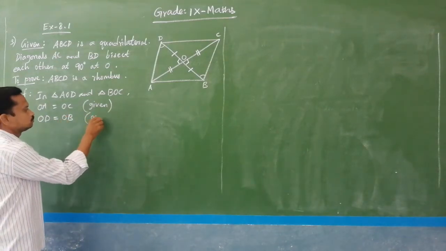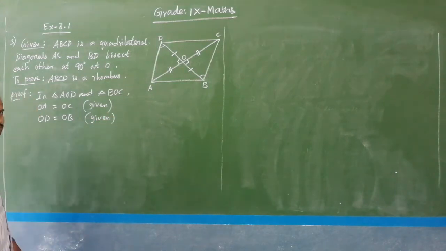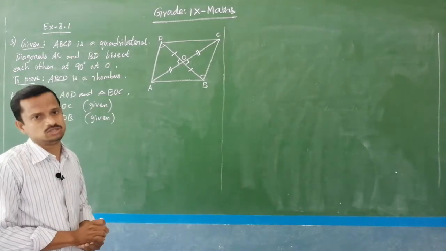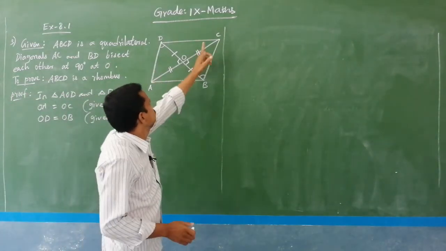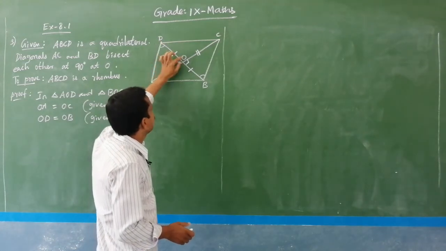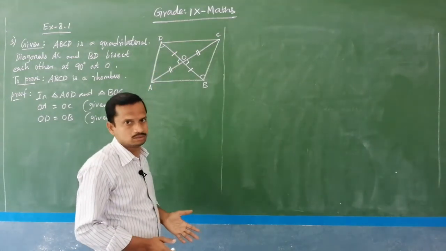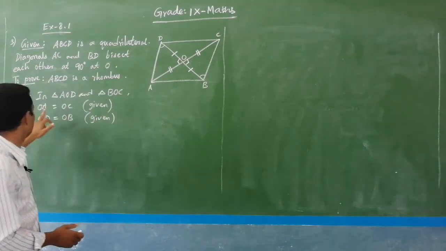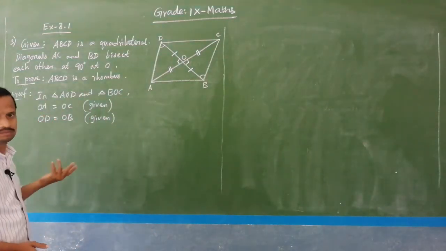This is also given. Okay, because it is given that the diagonals bisect each other. That means what? These two diagonals bisect each other. So, we can have O as a midpoint of both diagonals. So, we can tell that OA equal to OC and OD equal to OB, that's all.